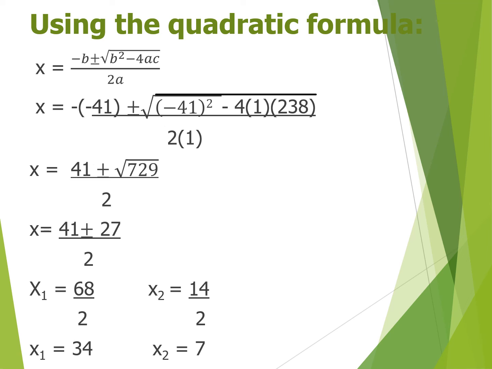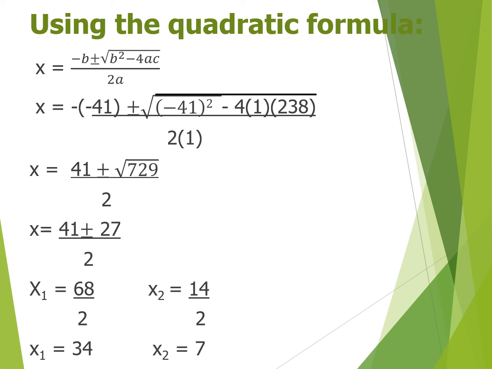So we have x equals negative b plus or minus the square root of b squared minus 4ac, all over 2a. The value of b is negative 41, so we have negative times negative 41 plus or minus the square root of negative 41 squared minus 4 times the value of a, which is 1, and the value of c, which is 238, all over 2a, which is 2 times 1.